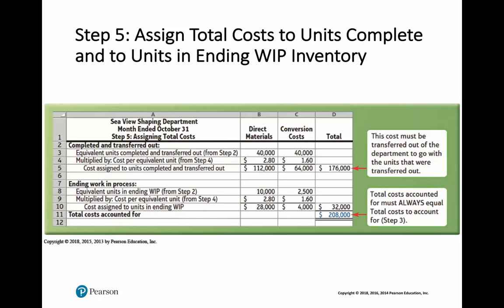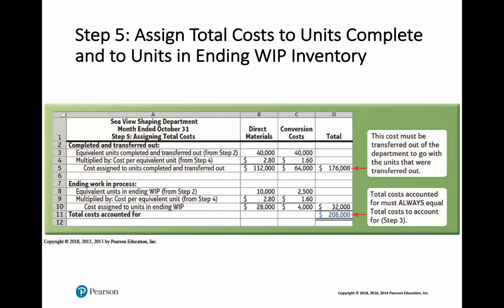So my suggestion, as you go through your homework and your quizzes, you have either this PowerPoint up or just the slides themselves up, and you can just follow along, set it up the exact same way. Now, for the most part, the problems are going to give you at least 3 out of the 4 of the beginning, the started, the completed, and the work in process. So the easy problems give you all 4 of those.